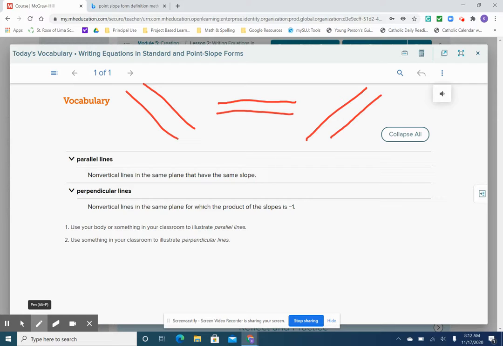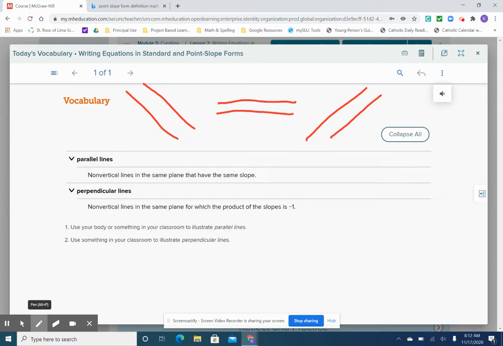So they could be vertical transformations, horizontal transformations, depending on if they go up or down. That's why we learned about transformations. And in your sentence, make sure you give an example. You can also say that they're equations that have the same slope.